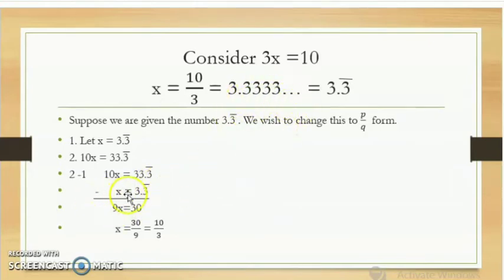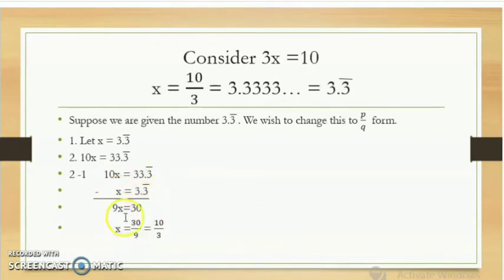Now if we subtract the repeating digits, that is 3333, this can be subtracted, and that will solve our problem, because the repeating digits are what make calculation difficult. So now we have made the repeating digits the same in both the equations. So now when we subtract, we get 9x is 30.